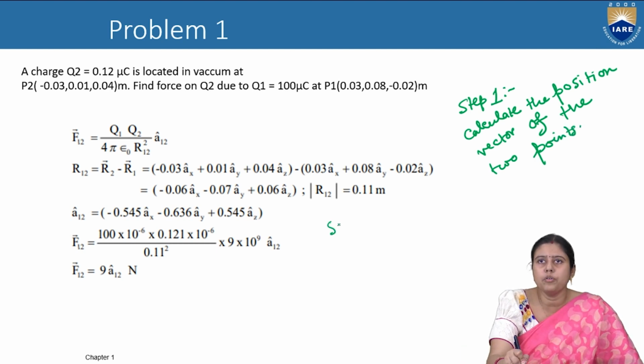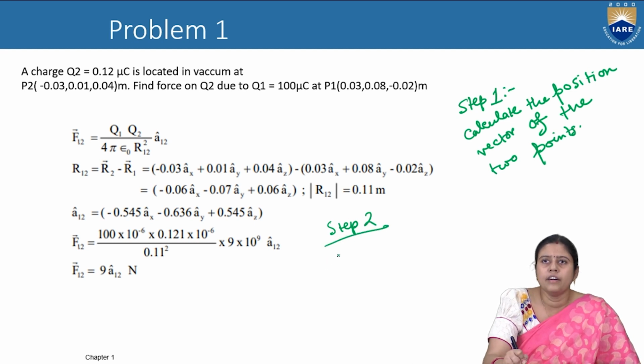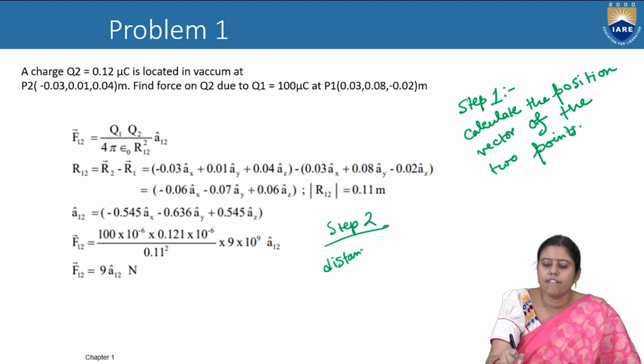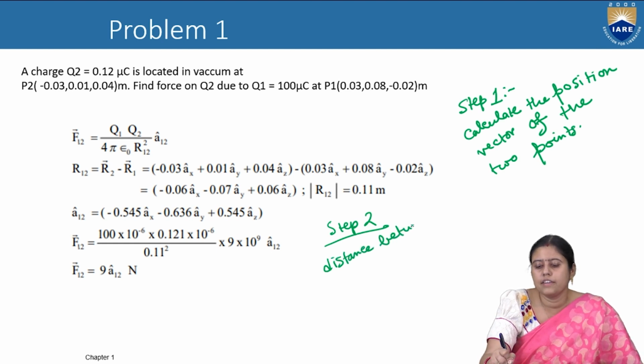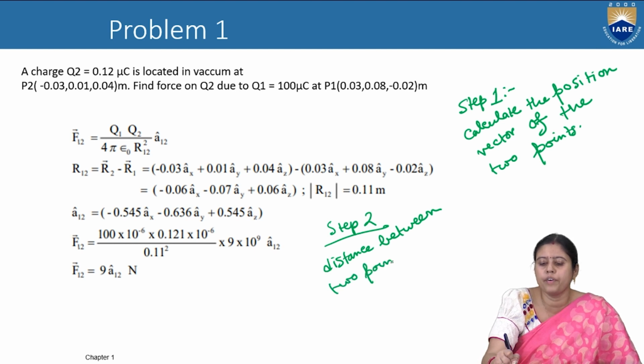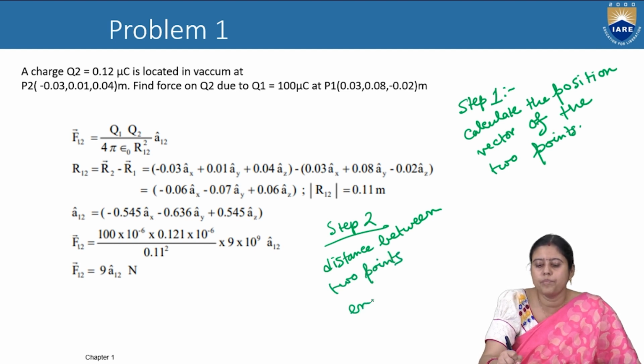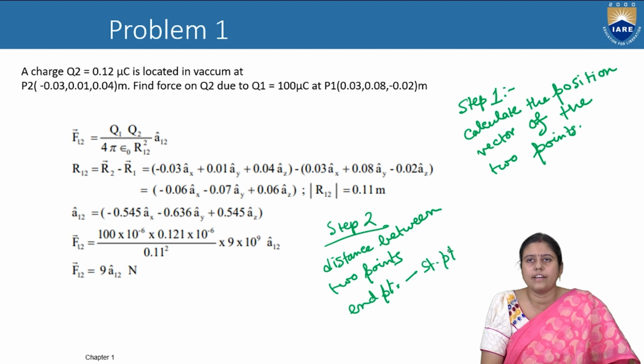What is step 2? Step 2 is we have to calculate the distance between 2 points. And what is the formula of calculating it? End point minus starting point.